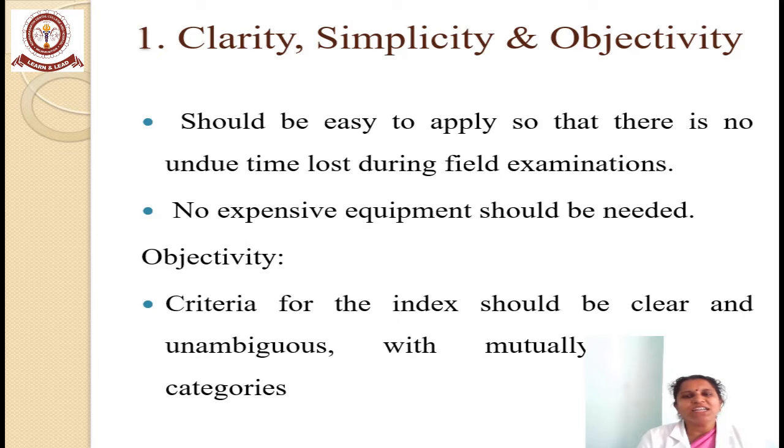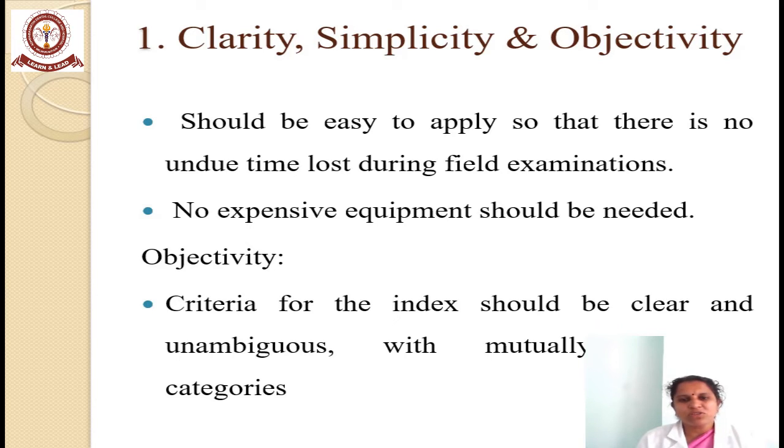So coming to clarity, simplicity and objectivity. Any index we are using should be easy to apply on a population, and while applying on the population, time should not be wasted during the examination, and also it should not use any expensive equipment because it is done on a larger basis.